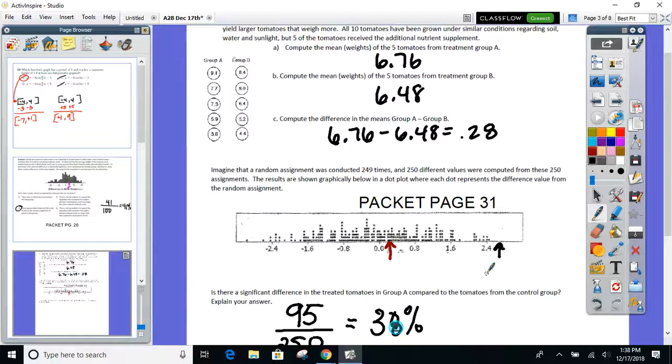I don't know. You're not the only one, trust me. Okay? So this 0.28 wasn't because it happened by chance. It wasn't significant because it wasn't outside here as an extreme value. Past what is it considered? What percent? 2.5% or below is considered unusual.